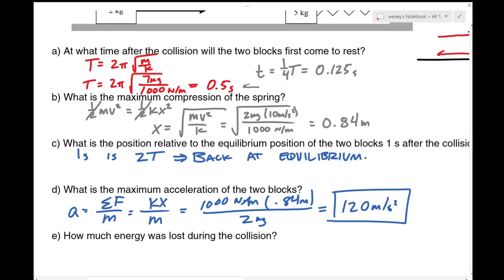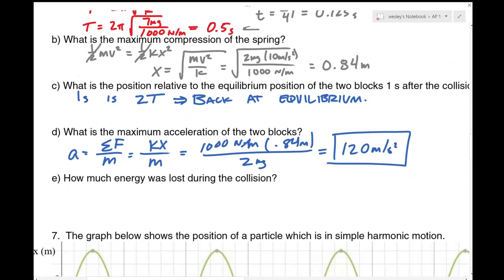How much energy was lost during the collision? Well, we just did energy, so it's going to be the energy beforehand and the energy afterwards. Before the collision, the only thing moving was the 2 kilogram mass: 1/2 times 2 kilograms times 35 meters per second squared, which comes out to be 1,225 joules.